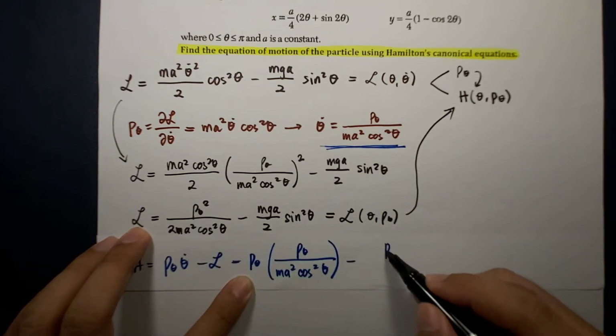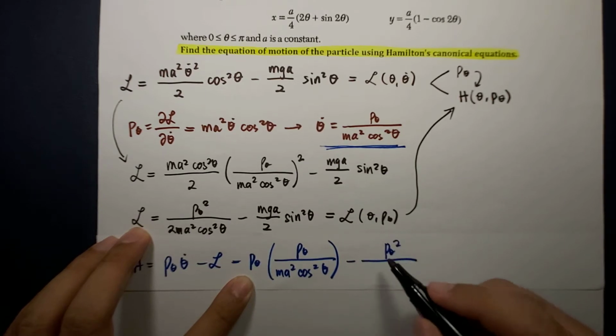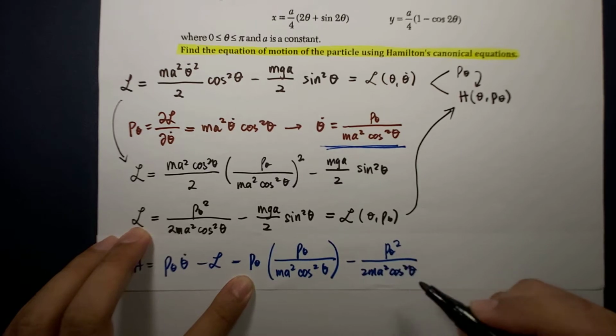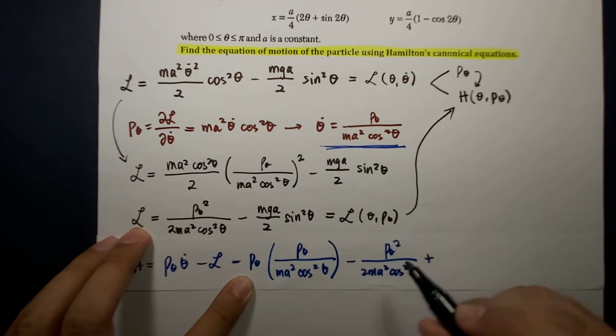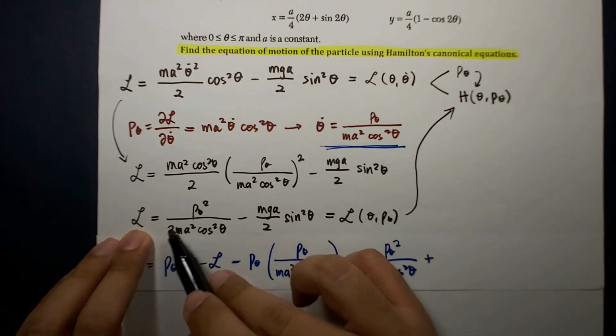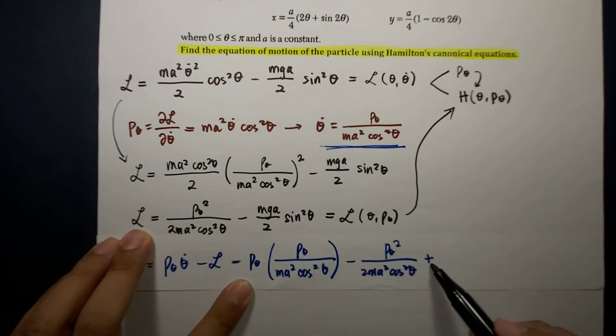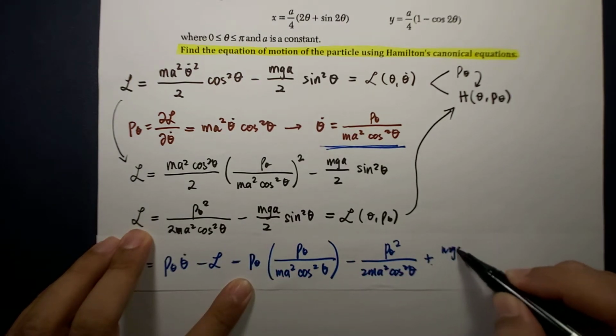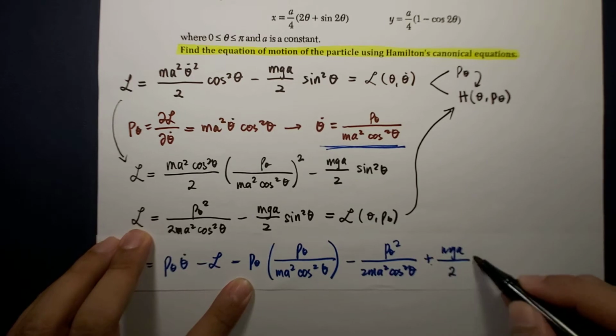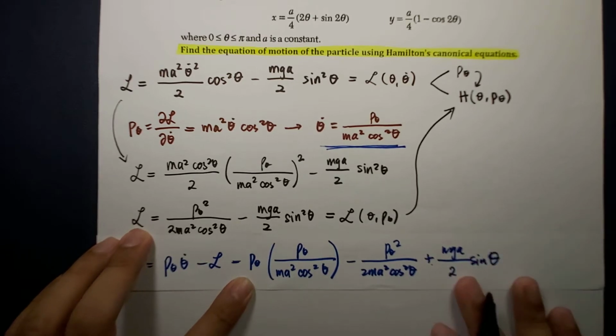This is p theta squared over 2 m a squared cosine squared theta, plus, this is minus Lagrangian, so minus minus, that's plus mga over 2 sine theta.